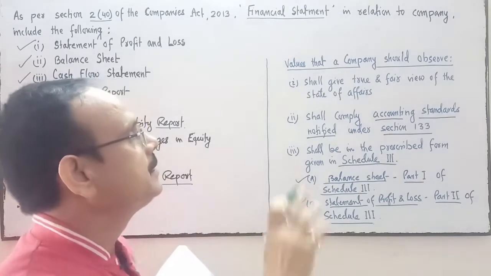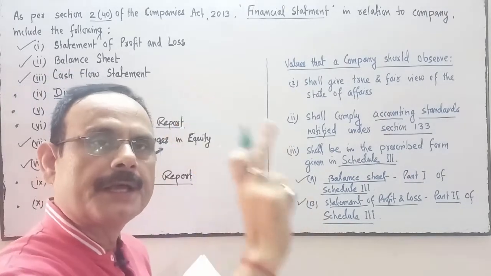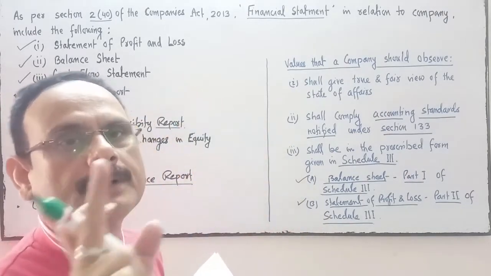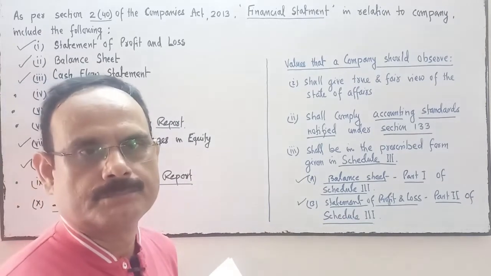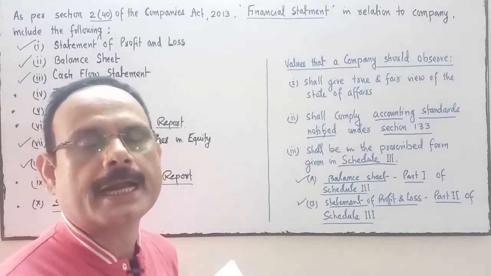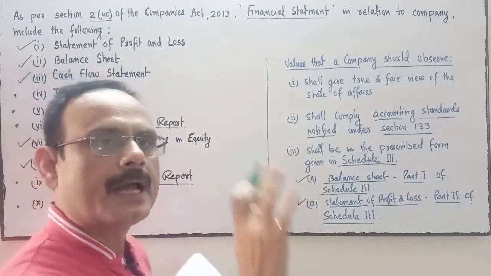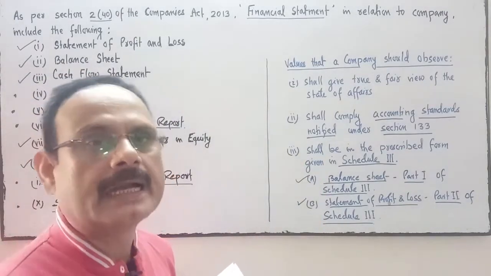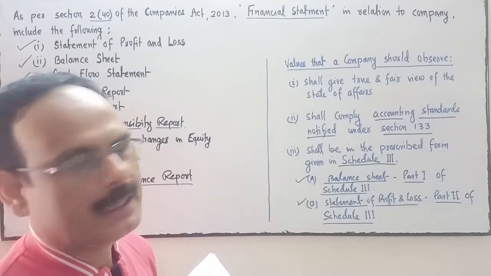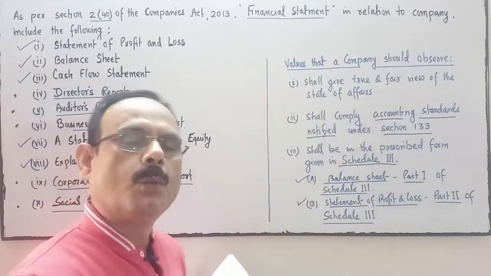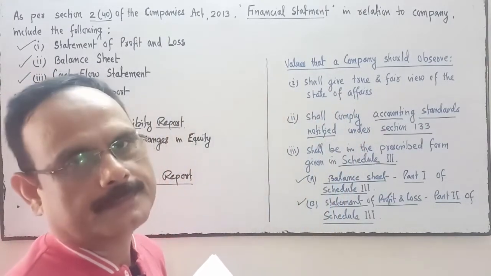Number one is shall give a true and fair view of the state of affairs of the company, meaning profitability and financial position. Second one is comply with the accounting standards notified under Section 133.